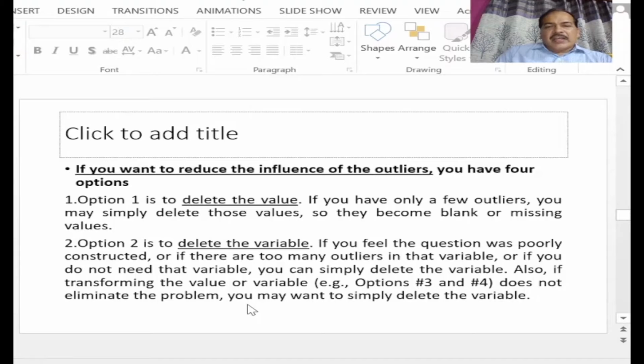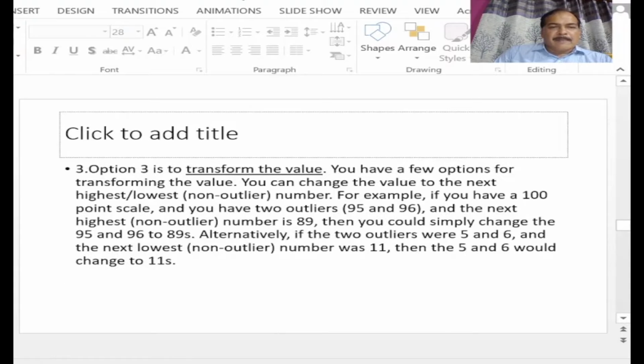And even if we have the option of transforming the value, and even after transformation we are unable to get a normal distribution of the data, in that case again we can go for the removal of the variable.